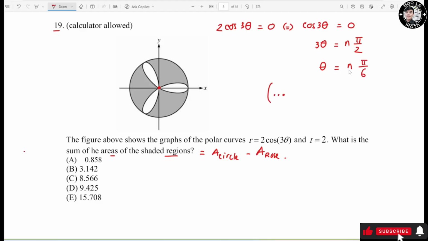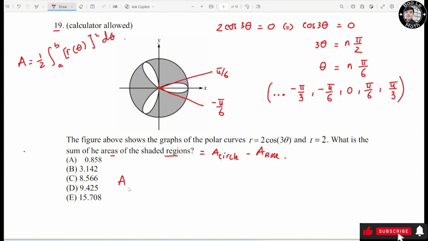So if n equals negative 2, we have negative pi over 3. n equals negative 1, it could be negative pi over 6. n equals 0, it could be 0. And n equals 1, it could be pi over 6. n equals 2, it could be pi over 3, right? So this guy is actually pi over 6 and negative pi over 6, right?